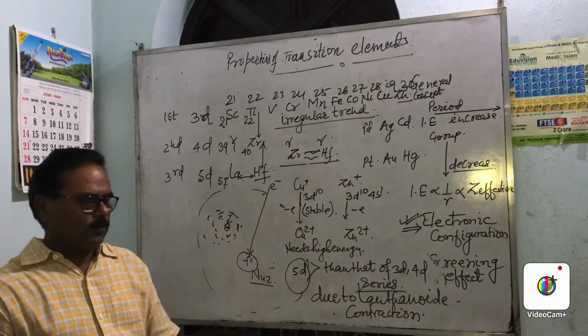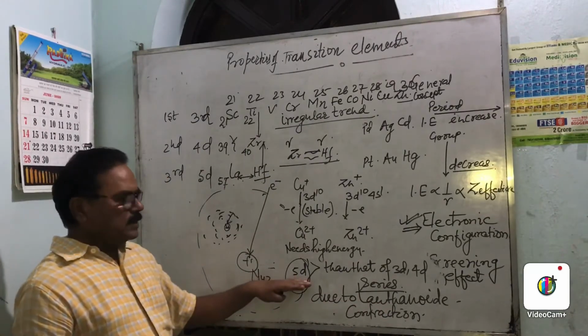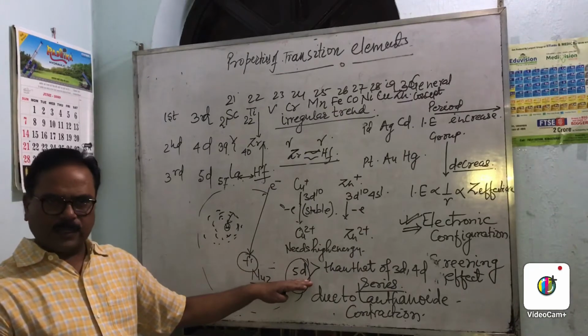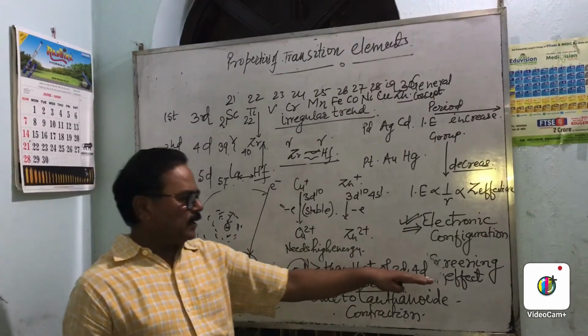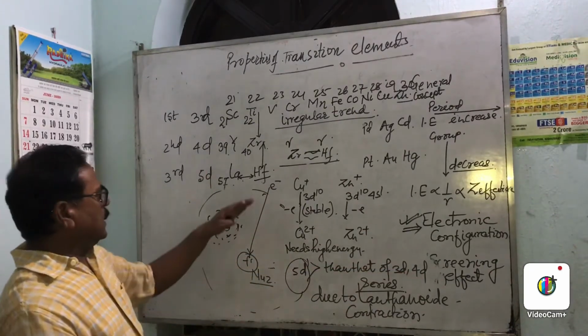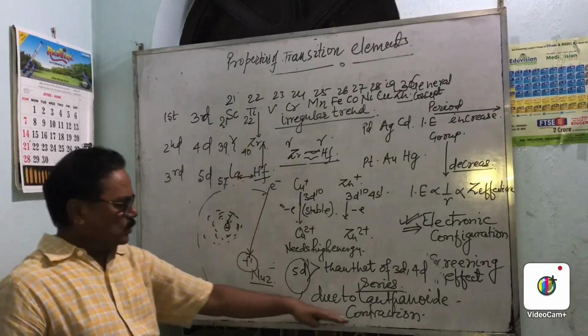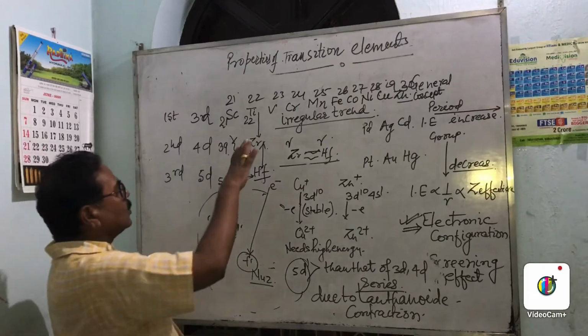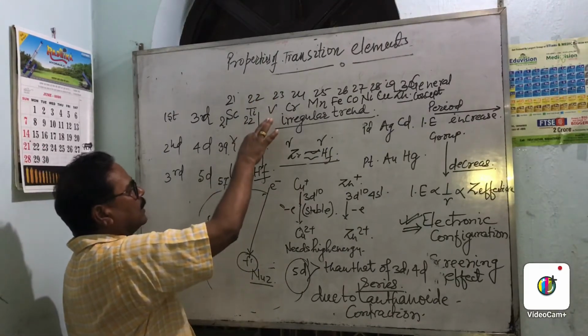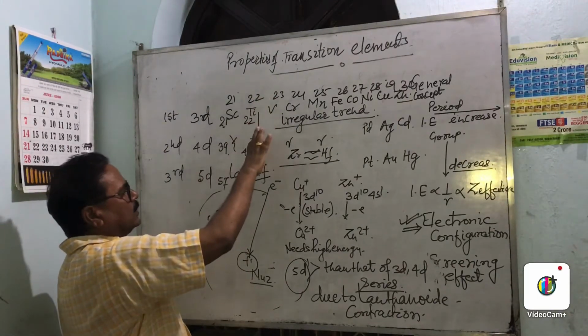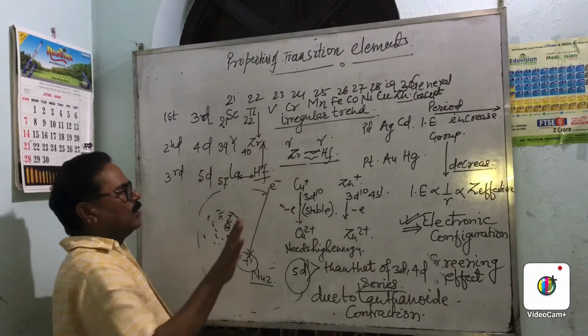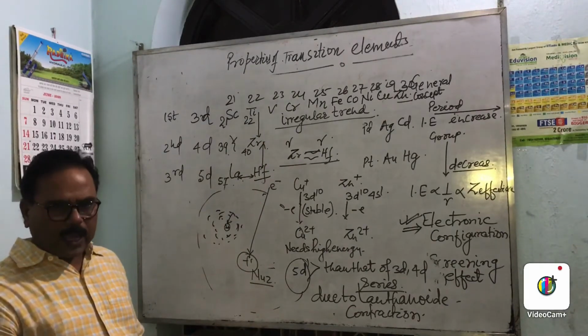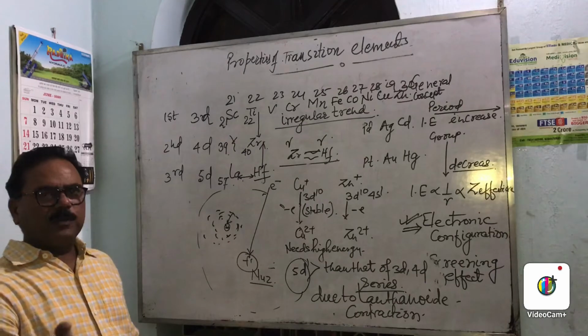So in one word we say, if the 5d series has higher ionization energy than that of the 3d and 4d series, then it is due to the lanthanoid contraction. If we do not say this, then zirconium to hafnium ionization energy would remain the same as the radius is the same, which would be wrong.